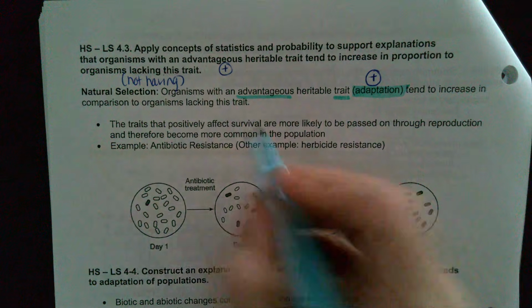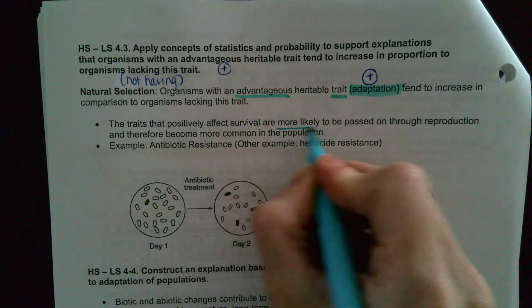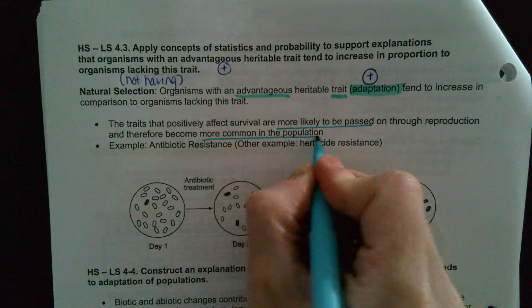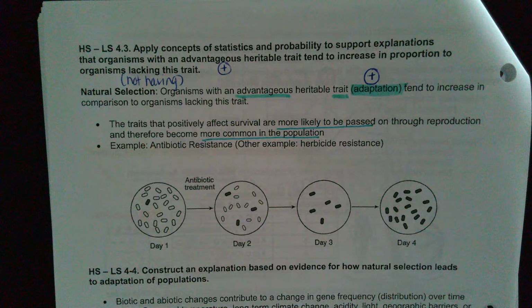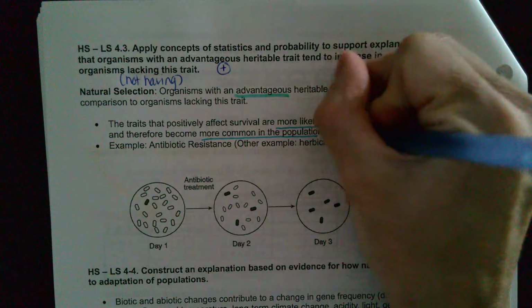So if you have a positive trait, you are more likely to survive and pass that trait on. Fancy thing that they could write, instead of keeping it like that, is they might write down increase in frequency.